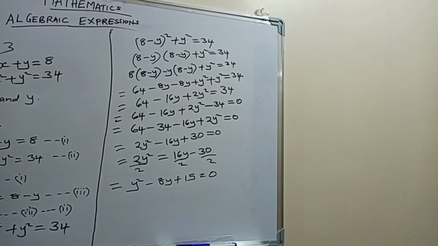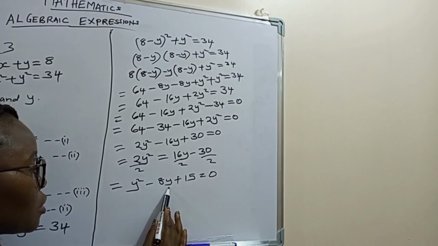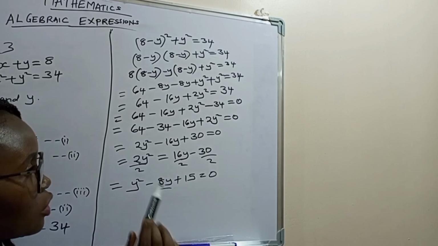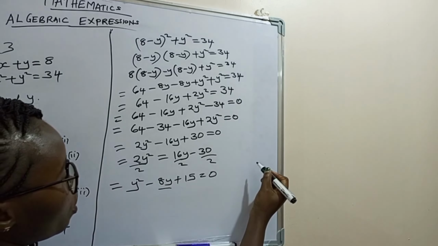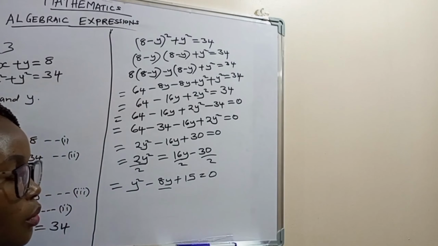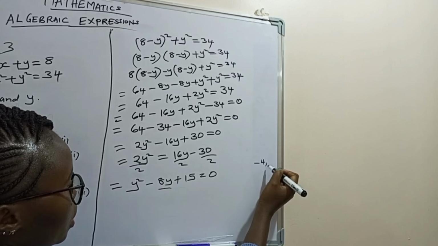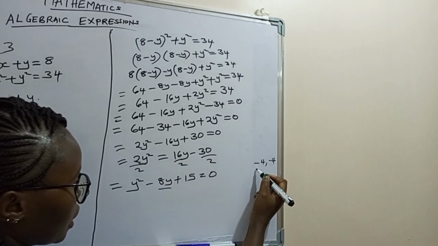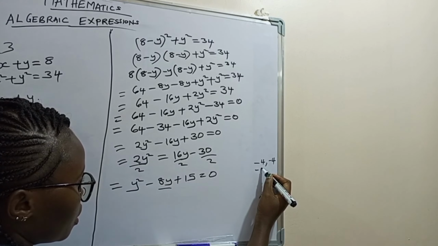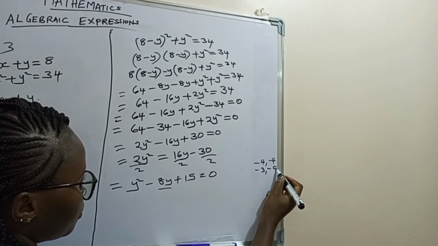So from here, we want to find the two numbers or the two factors that when you add up, they give you -8. So we have -4 and -4. We have -3 and -5.